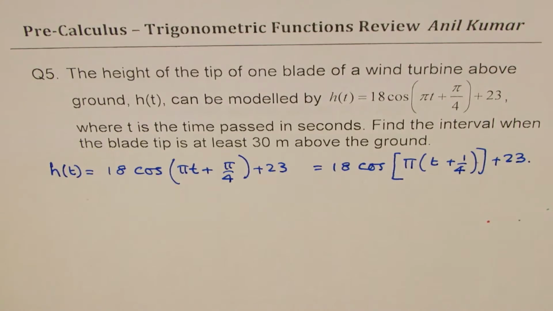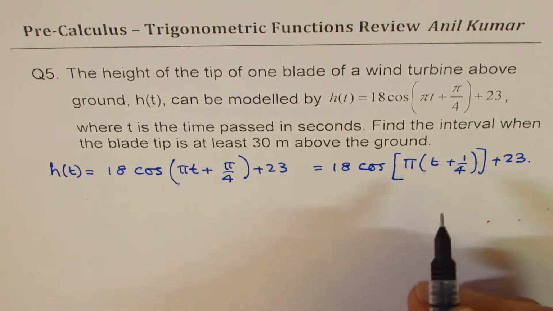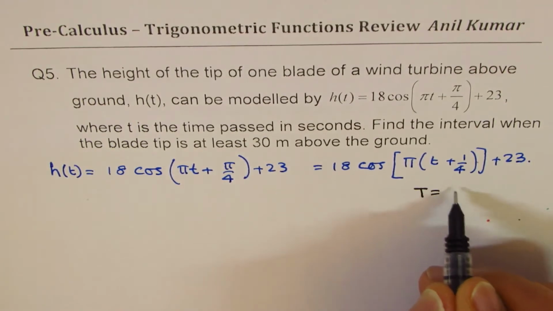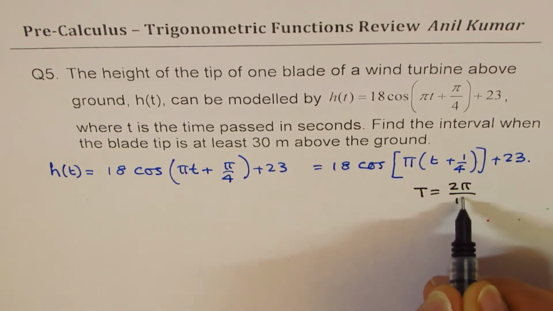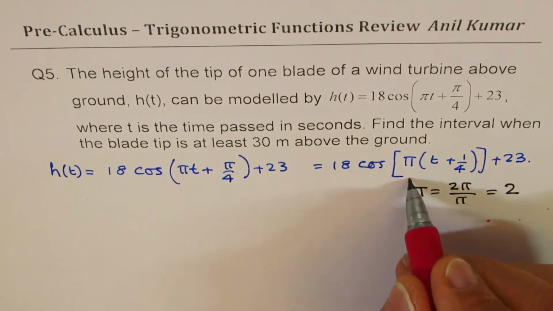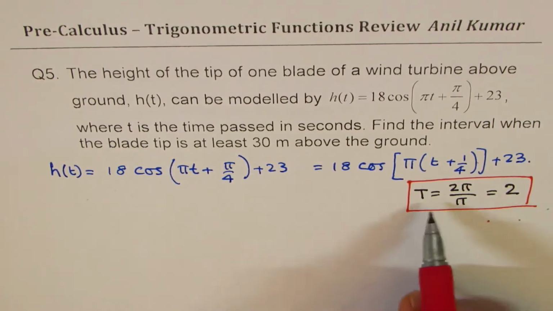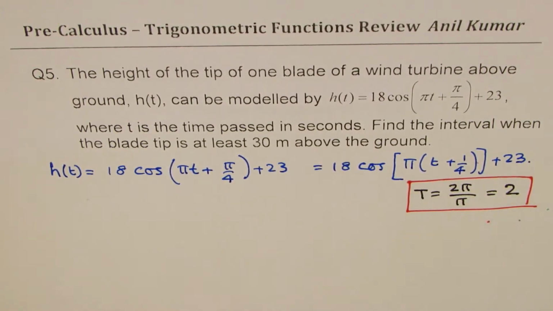From here you can find the time period, because this is the k value. So the time period T is 2 pi by pi, which is 2. So the time period for this trigonometric function is 2. That means the cycle is going to repeat after every 2. You get my idea, right?